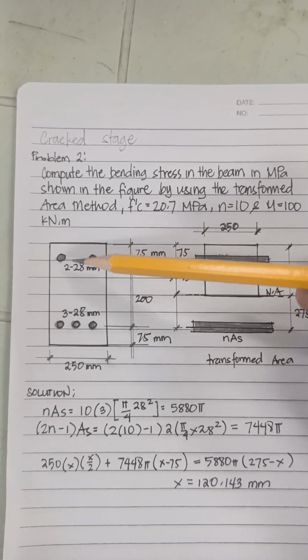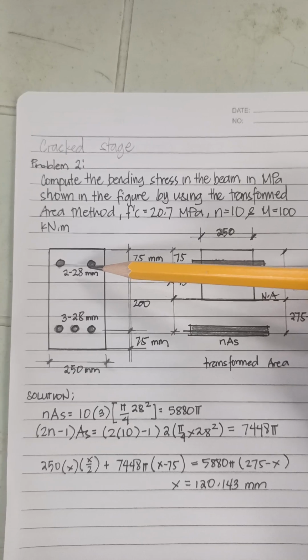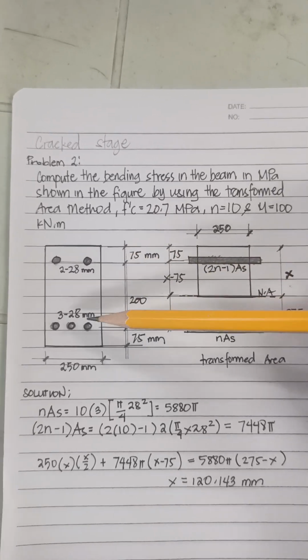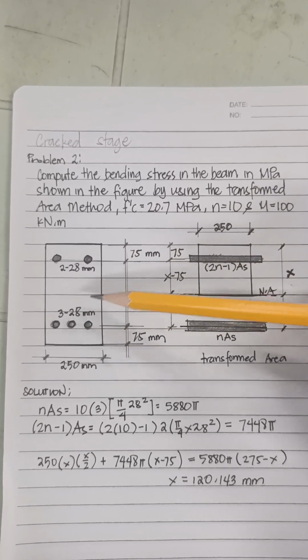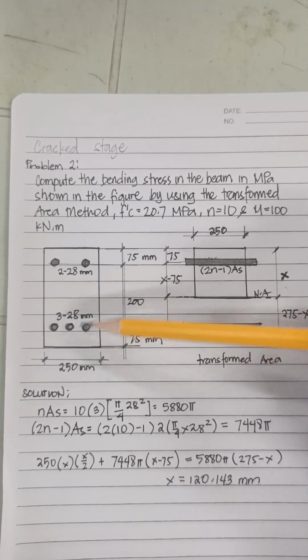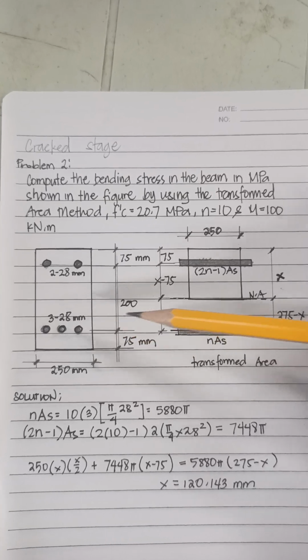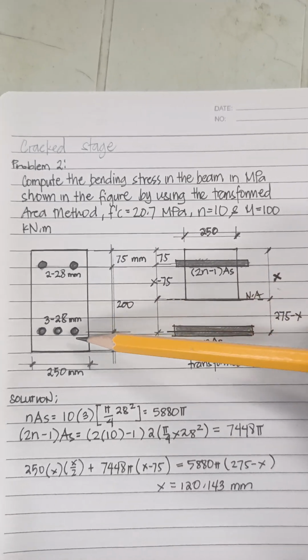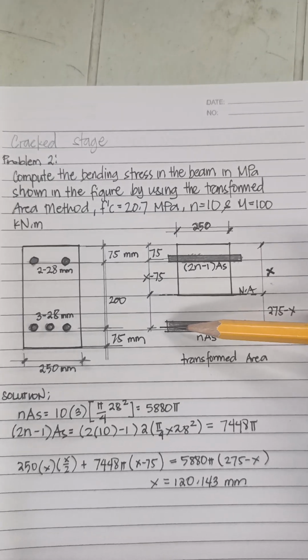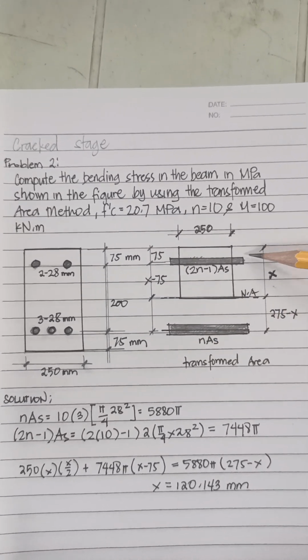On the compression side, we have two 28 mm steel bars, and on the tension side, we have three 28 mm steel bars. Using the transformed area method, we're going to transform the steel bars into an equivalent area of concrete.